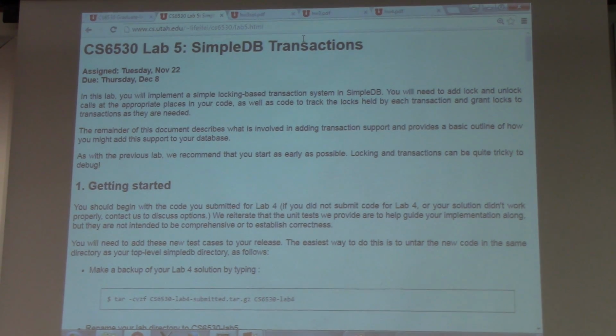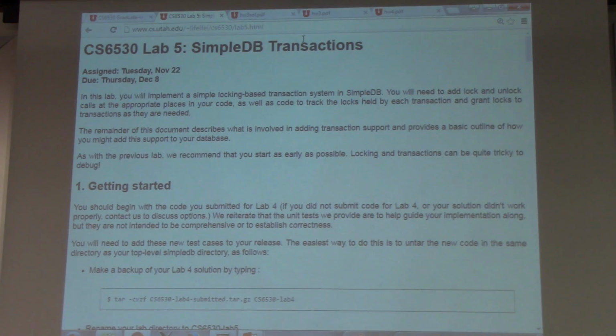For Lab 5, we actually have 2 labs for transactions, but I will only release part of it. The second part, we will not ask you to work on, given how tight the schedule is. The first part of the transaction lab is on concurrency control, so it doesn't cover crash recovery that we will be discussing today.